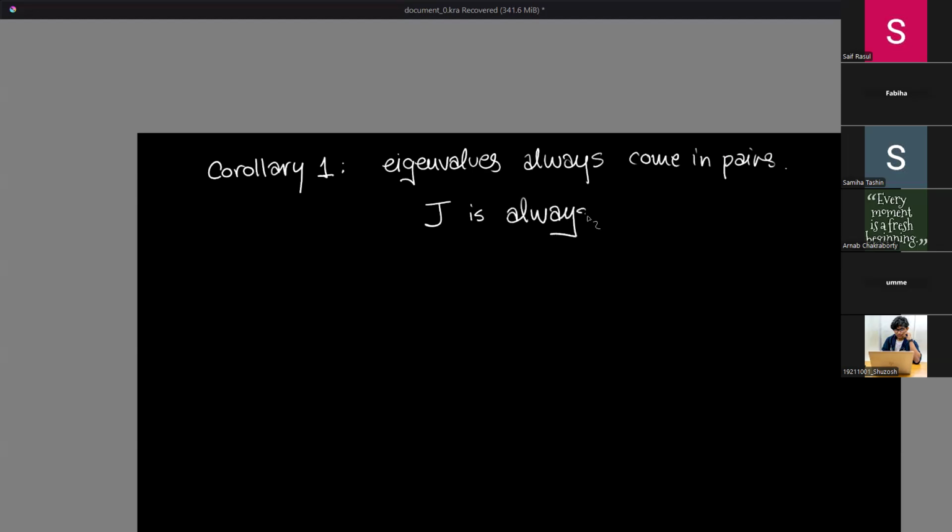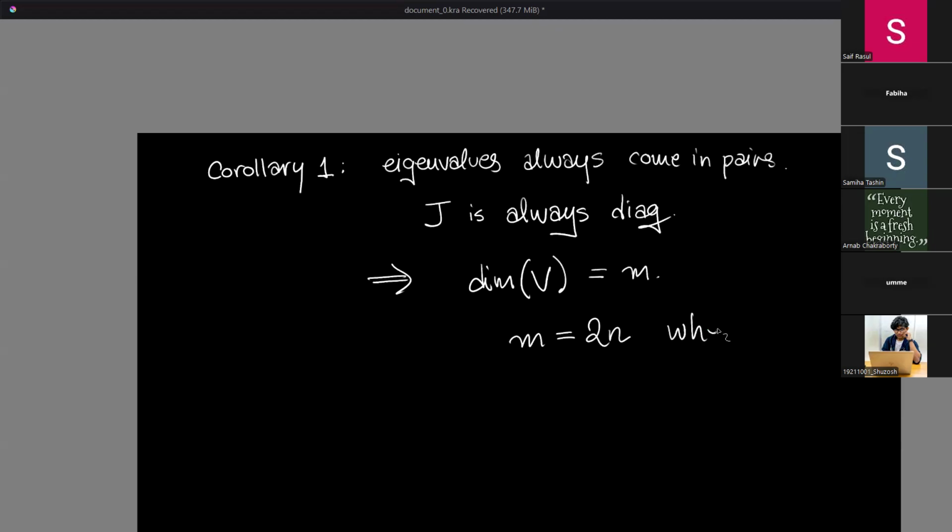Always diagonalizable. That implies that the dimension of V, if that's equal to m, then m must be equal to 2n, where n is an element of the natural numbers, not the integers.